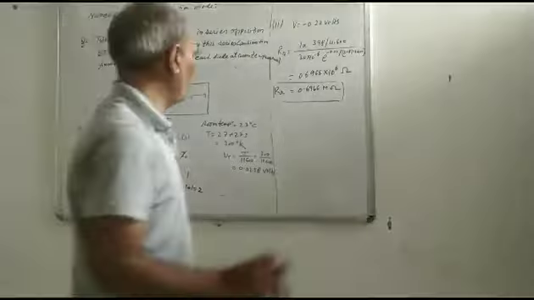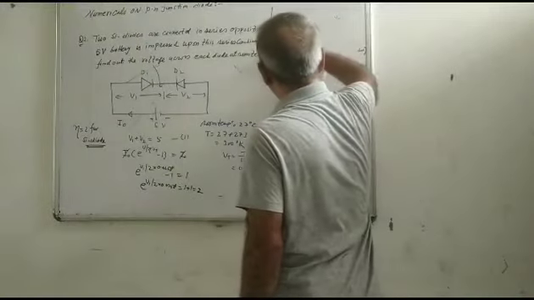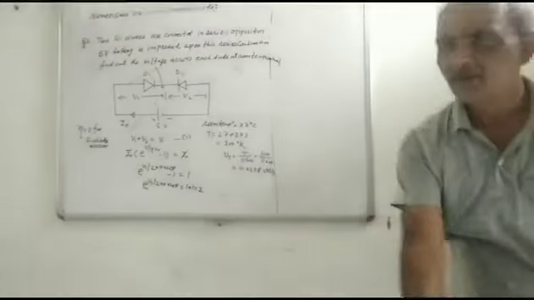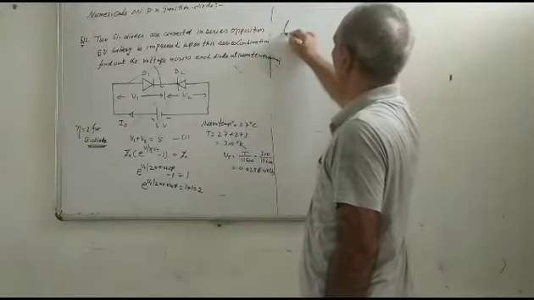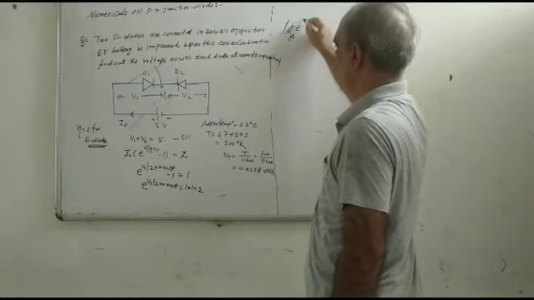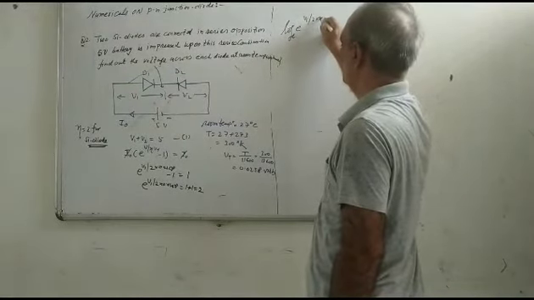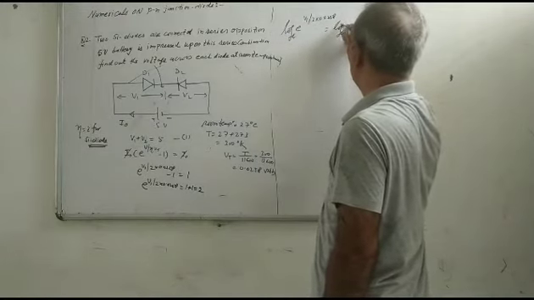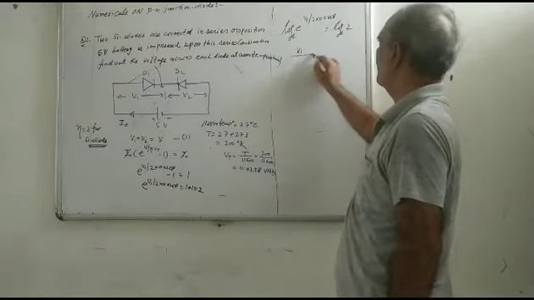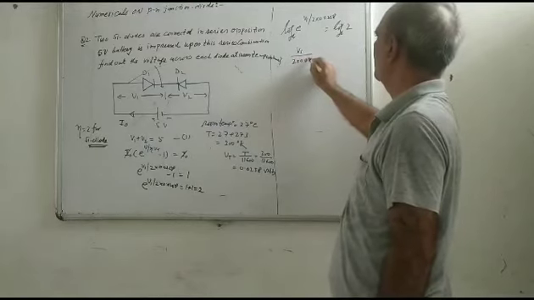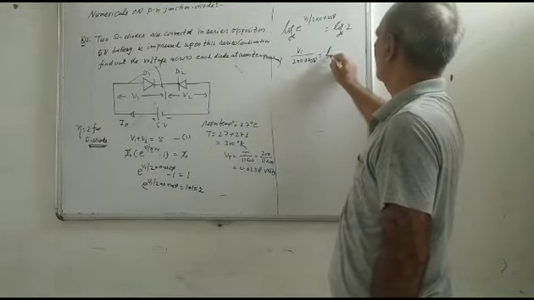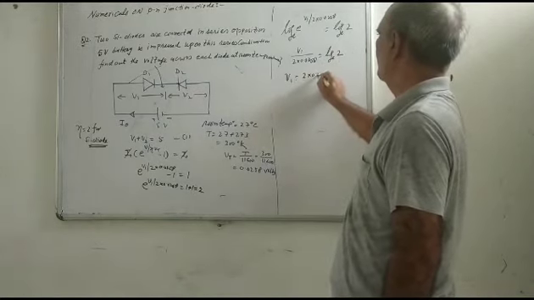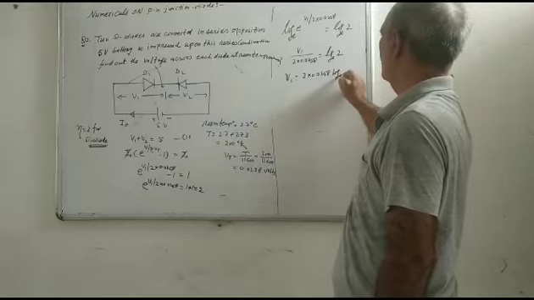So taking the natural log of both sides, log to the base e of V1 upon 2 into 0.0258 is equal to log to the base e of 2. So V1 is equal to 2 into 0.0258 log to the base e of 2.